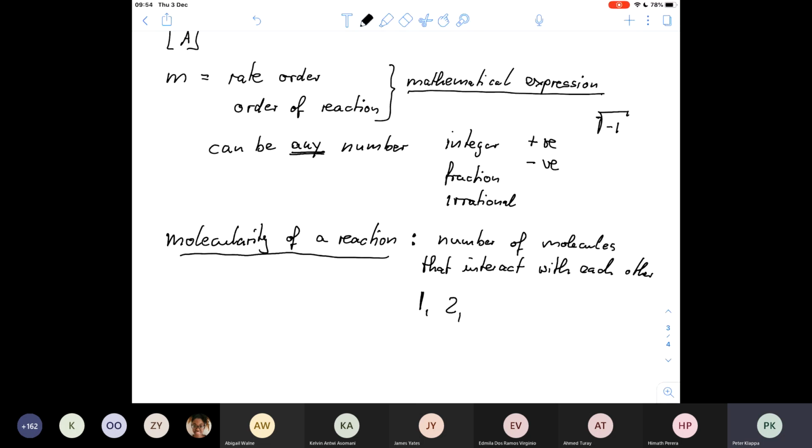No, it can't be zero, because if no molecule is interacting, then there's no reaction. So molecularity of a reaction can only be a whole number, 1, 2. What about 3? Can the molecularity of a reaction be 3?